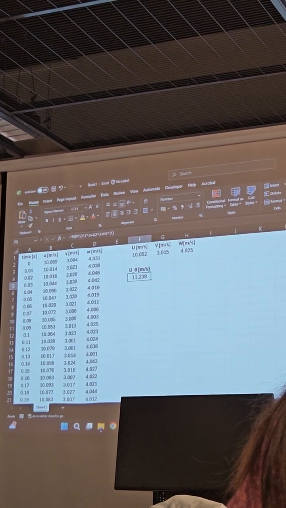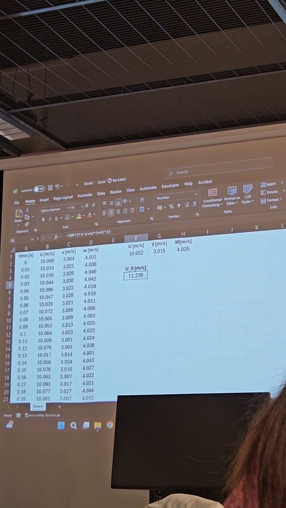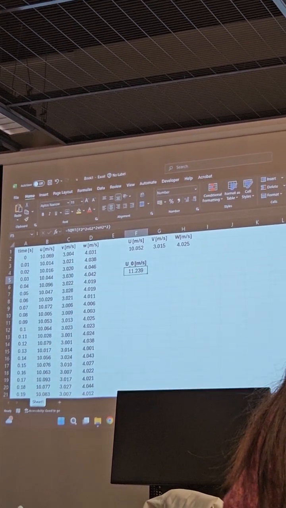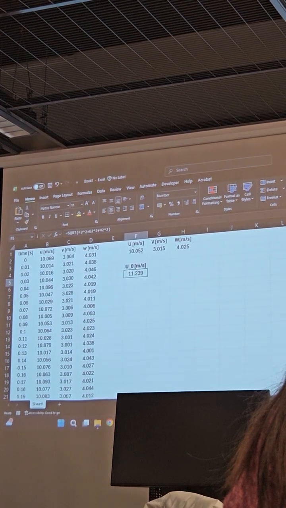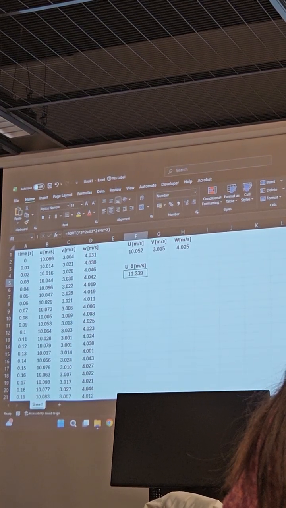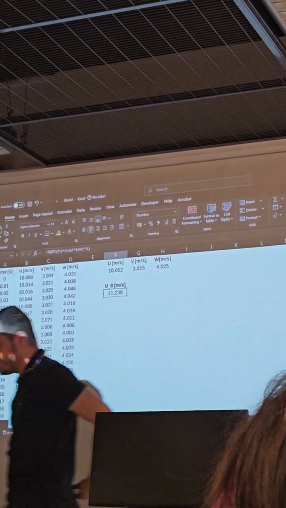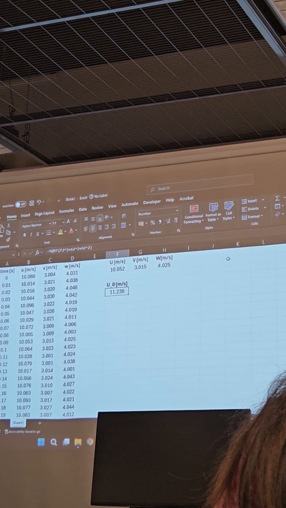So we know the instantaneous velocities, we know the mean velocity, so we can calculate U prime for each time.